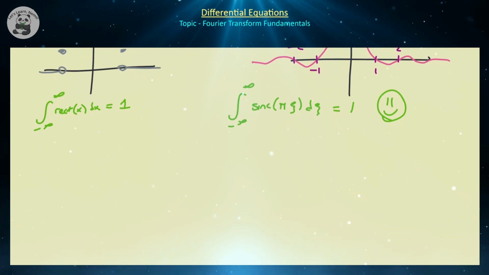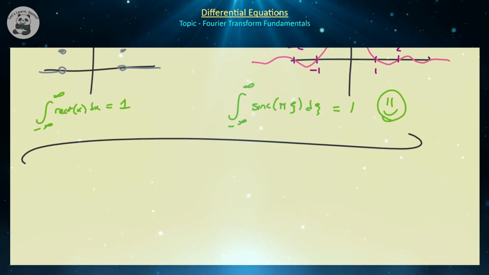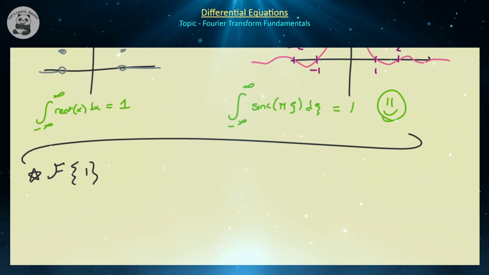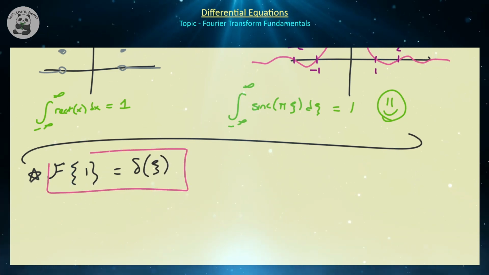Also, another little exercise that I highly invite you to try on your own when you have the time is that the Fourier transform of just the number 1, just the horizontal function, so one can say it's the entire continuation of the rectangular function, but on the entire real line, is just equal to the Dirac impulse function evaluated at psi.